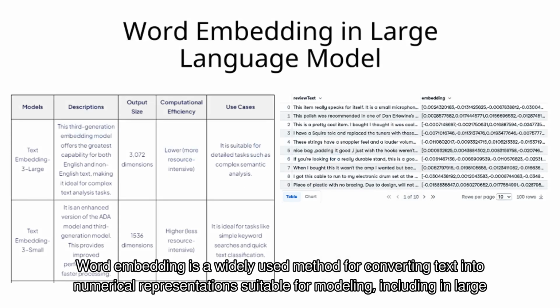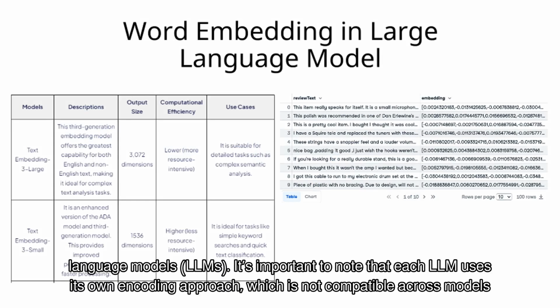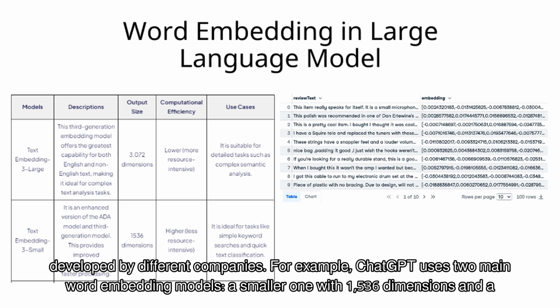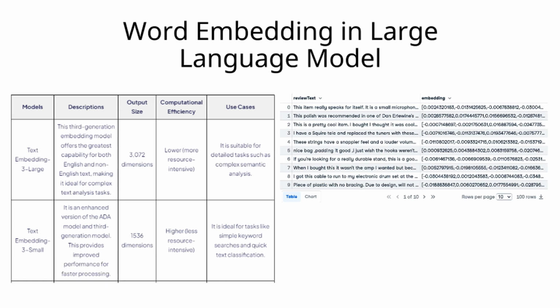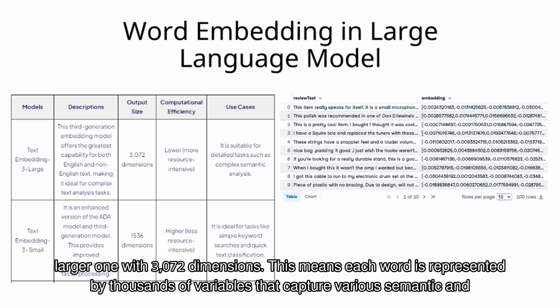Word embedding is a widely used method for converting text into numerical representations suitable for modeling, including in large language models, LLMs. It's important to note that each LLM uses its own encoding approach, which is not compatible across models developed by different companies. For example, ChatGPT uses 2 main word embedding models, a smaller one with 1,536 dimensions and a larger one with 3,072 dimensions.